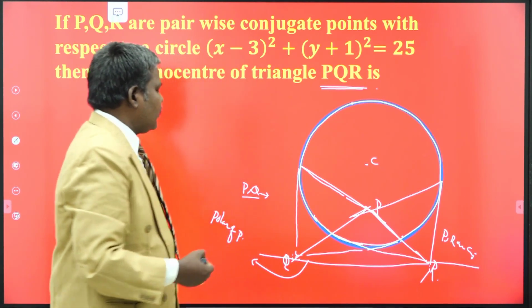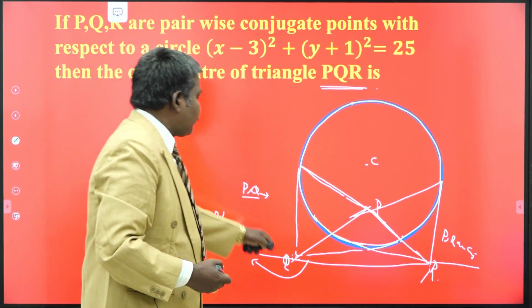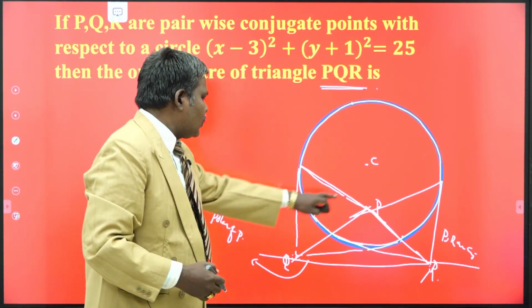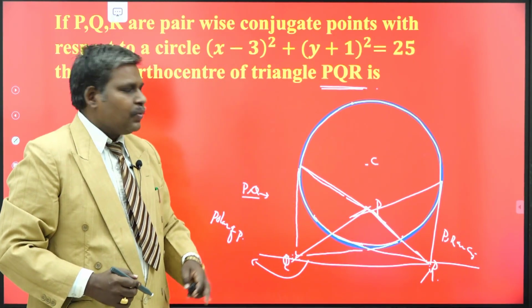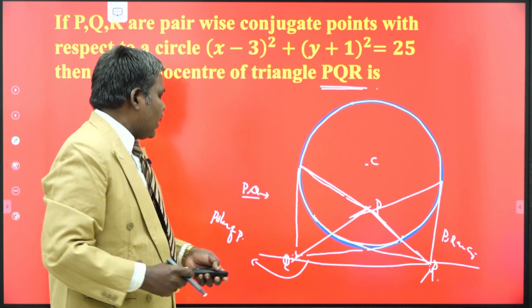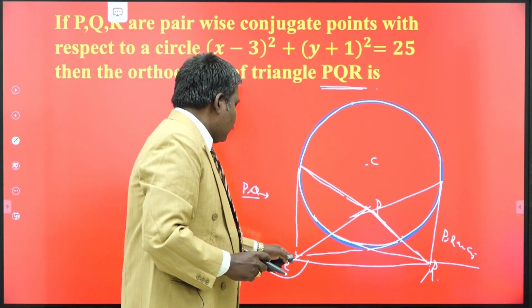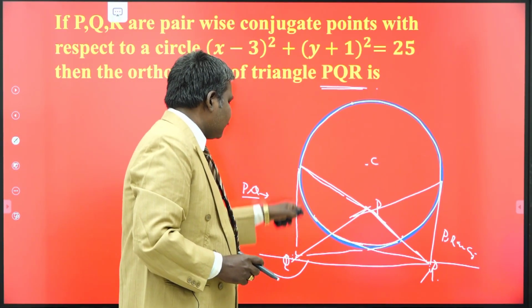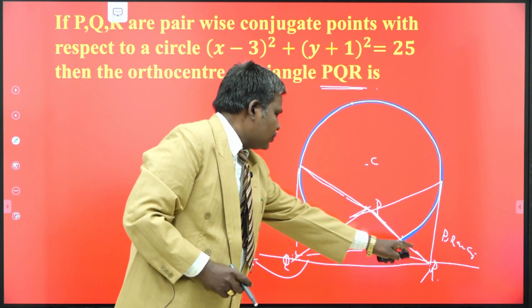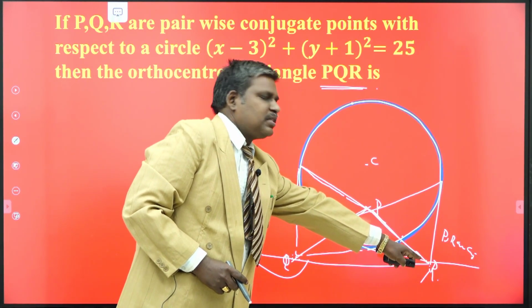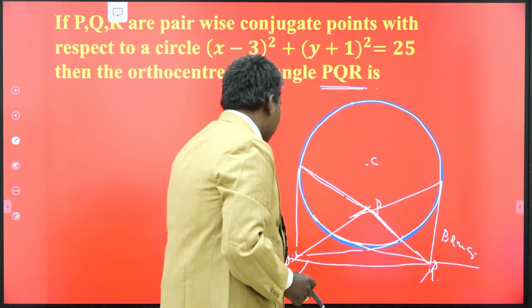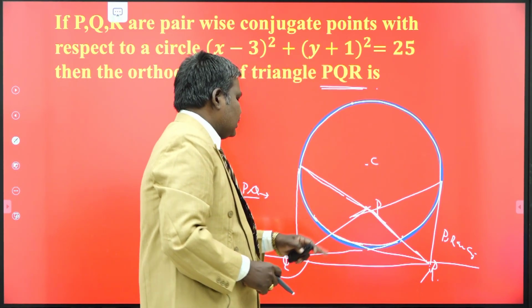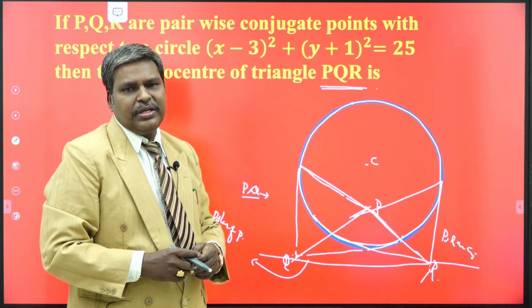See, are you convinced or not? So, from this figure itself, PQ are conjugate, PR are conjugate, QR are conjugate with respect to the circle. Why is QR conjugate? The polar of Q, this is the polar of Q, is passing through R. The polar of R, this is the polar of R, is passing through Q. In this manner, Q, R are conjugate to each other.